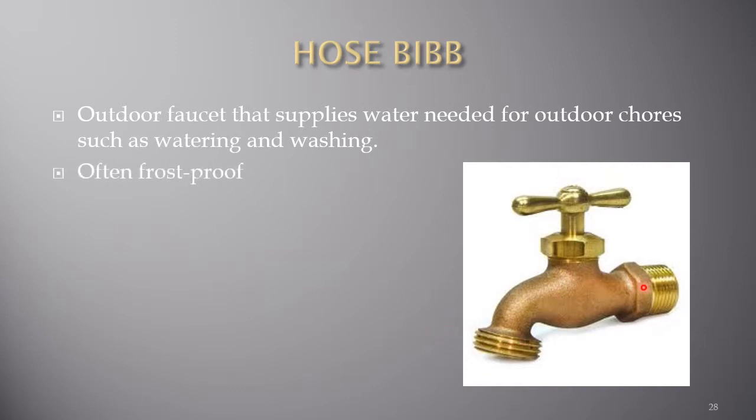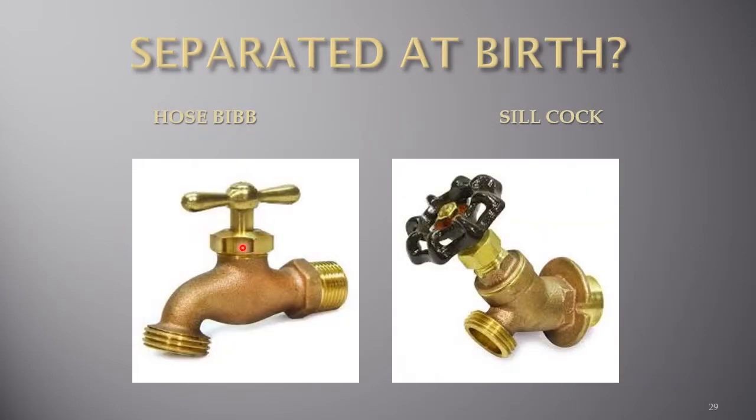The hose bib is often frostproof and might be abbreviated as FPHB, meaning a frost-proof hose bib. So, were they separated at birth? You will sometimes see references to a hose bib, sometimes references to a sillcock. Basically, they are an outdoor faucet.